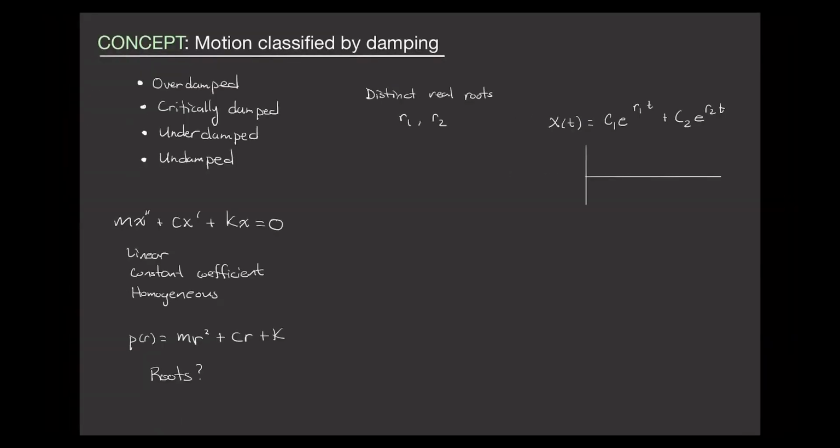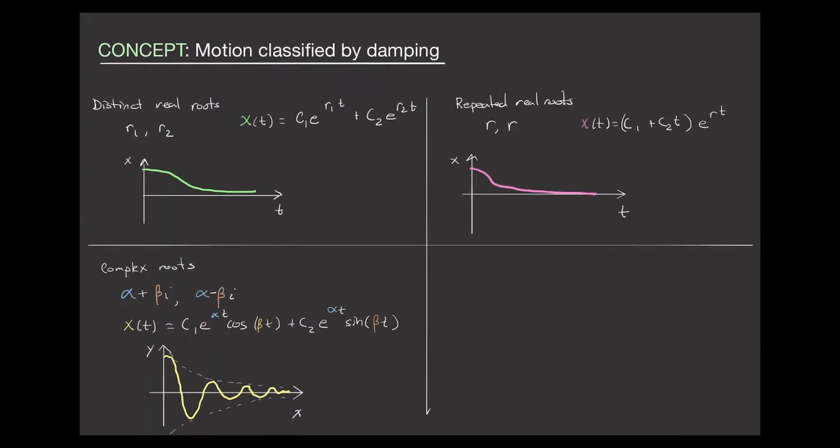We're looking at this equation, mck, and if we use the quadratic formula, it'll end up being that alpha is equal to negative c over 2m. Since c and m are positive, that means that this is negative. That's why you get a decay. You get e to a negative number times t, which gives you decay.